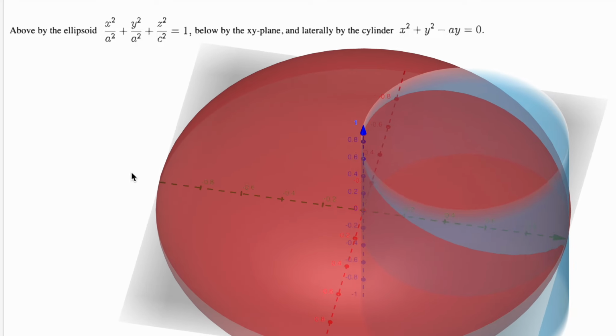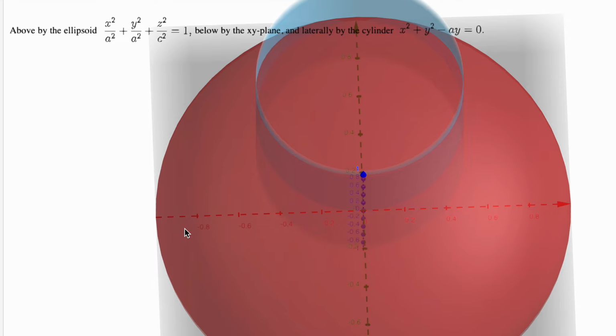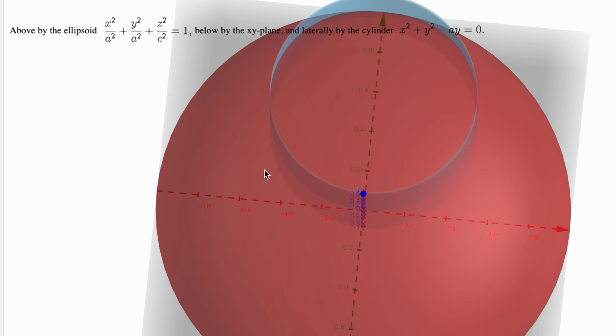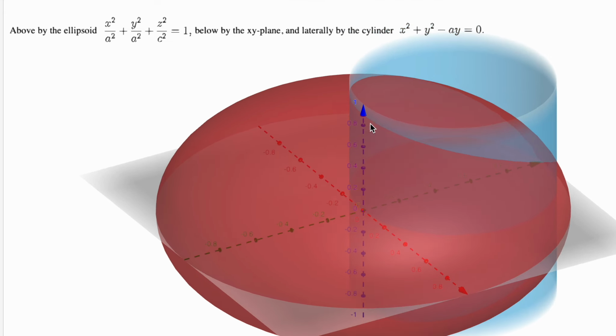If you look at it from the top, it is a cylinder that goes across the y-axis here and on top of the x-axis, so that the volume will be the top of this ellipsoid, laterally the cylinder, and the bottom this xy plane.